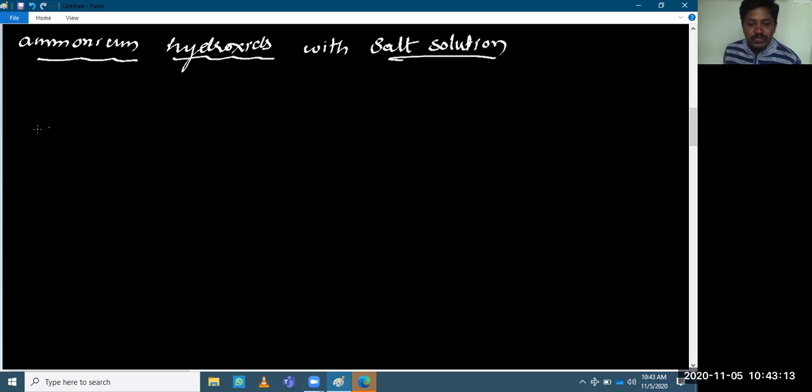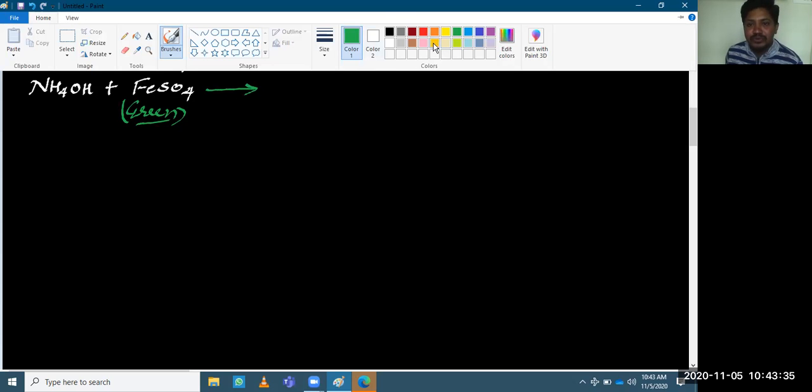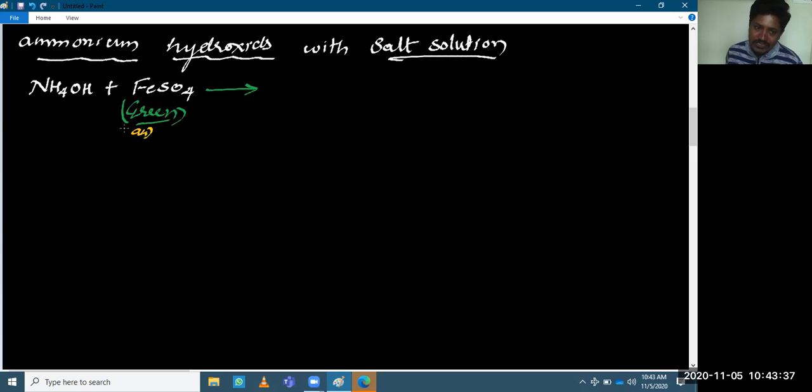Let us go on now with metallic salts. For example, when we treat ammonium hydroxide with iron sulfate, FeSO4, you should remember that iron sulfate is light green in color. Both are aqueous solutions, and when they mix with each other they give a product with the color of dirty green.